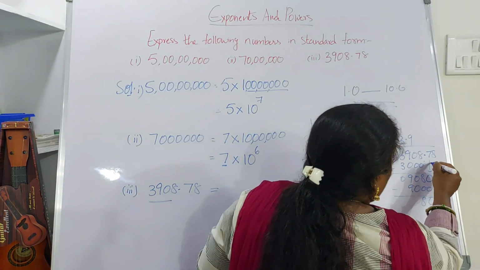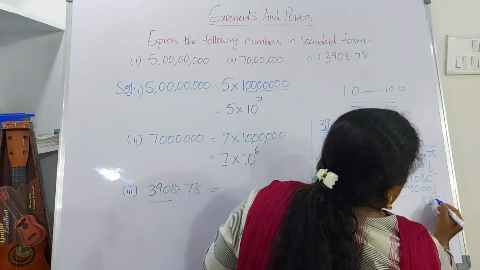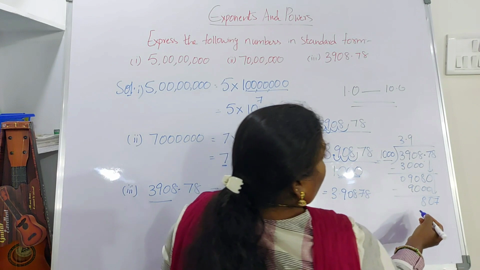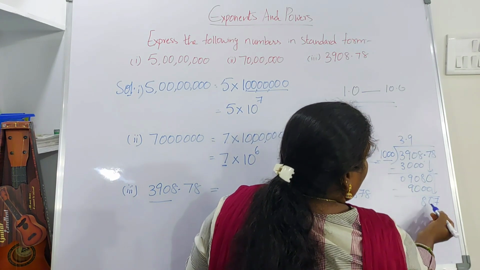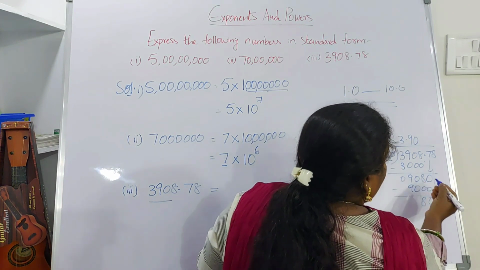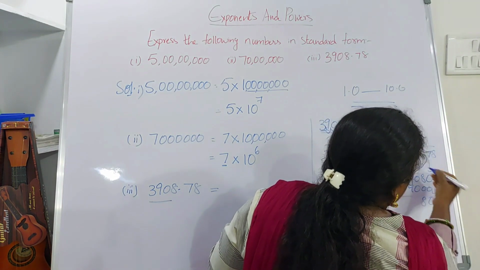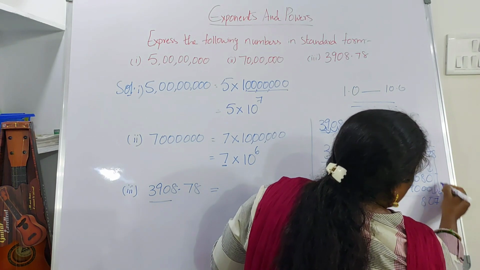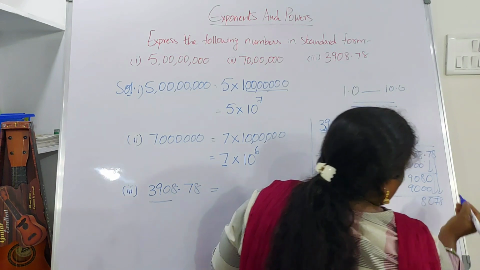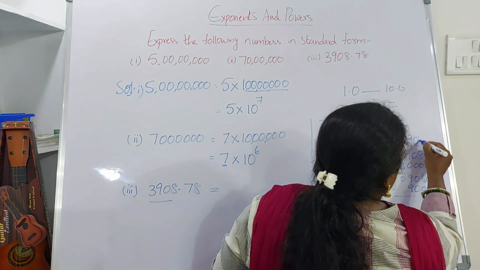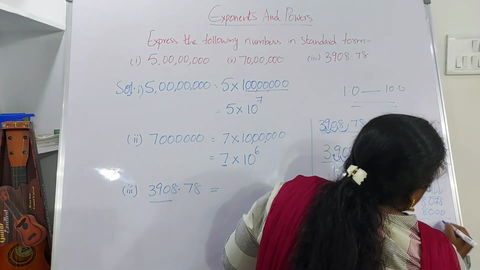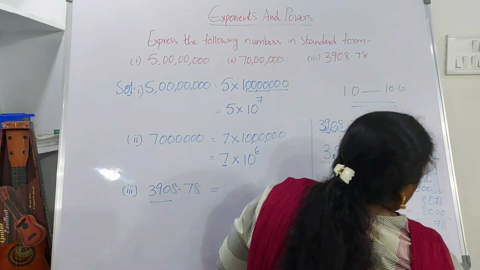Now you can take this 7 down, but still it is a smaller number. Already you have a decimal point, you need to skip this place, so take 0. Because you have taken 2 digits at a time, you should add a 0. So take 8. Now 8 into 1000 is 8000. When you subtract, you are left with 78.